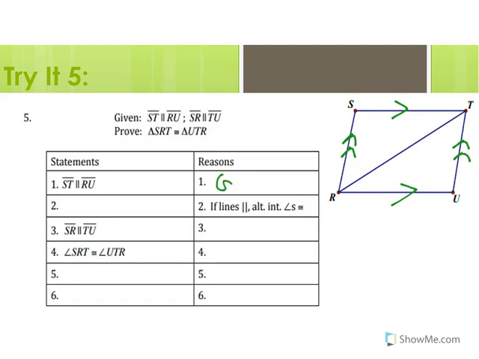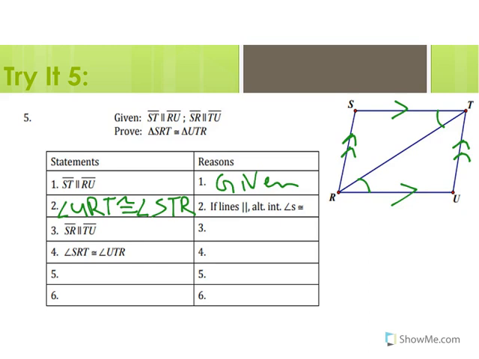So number 1 is given. When we're given that ST and RU are parallel, that means this angle and this angle are congruent. So angle URT is congruent to angle STR, because if lines are parallel, then the alternate interior angles are congruent.